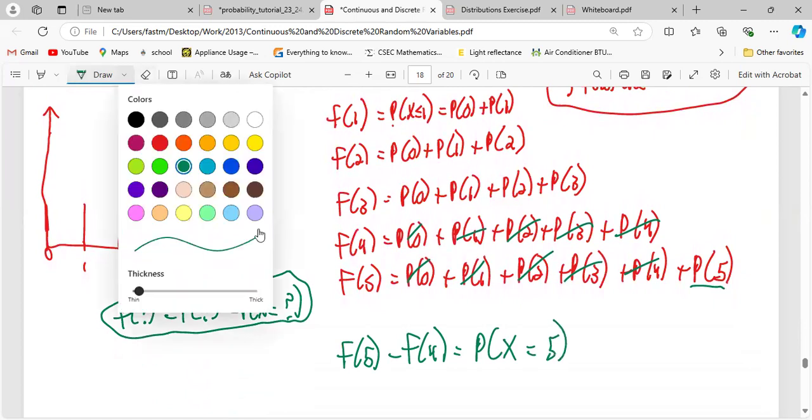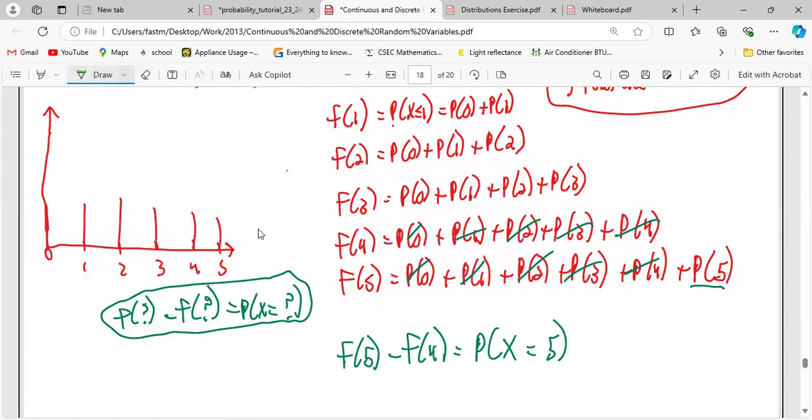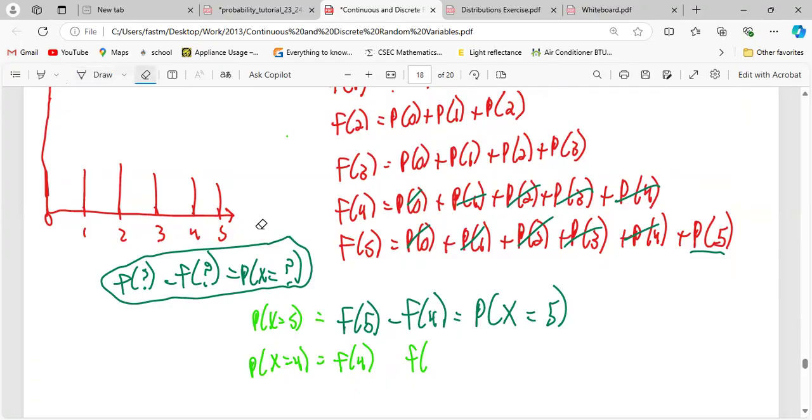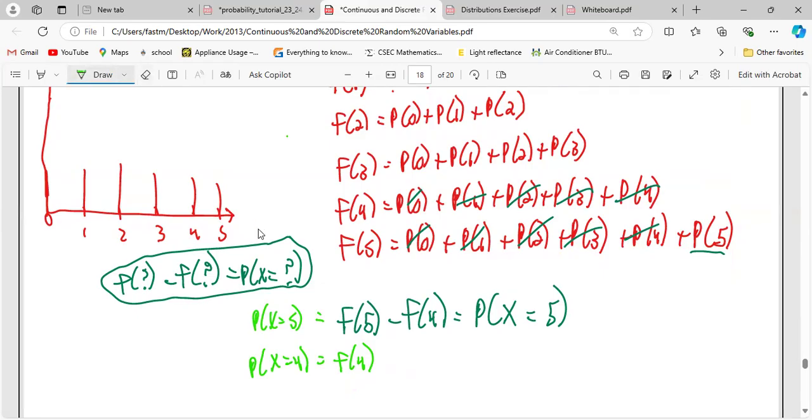So let me see if the pattern will still hold for everything else. So this was our probability x is equal to 5. If I wanted the probability x is equal to 4, using the same pattern, it will be capital F of 4 subtract capital F of 3.